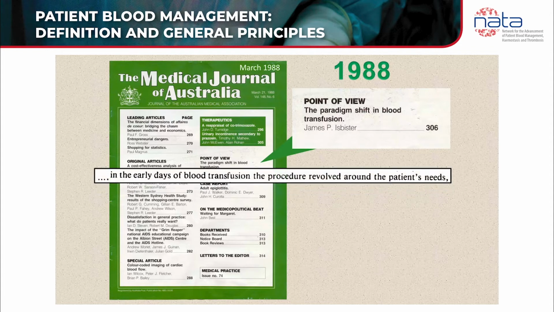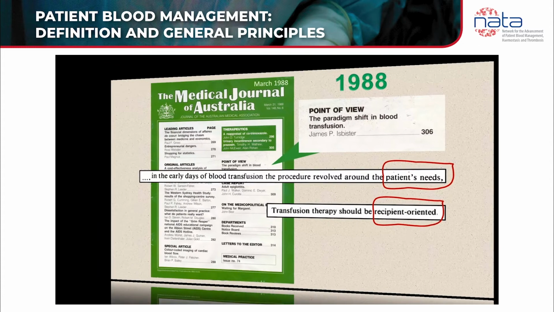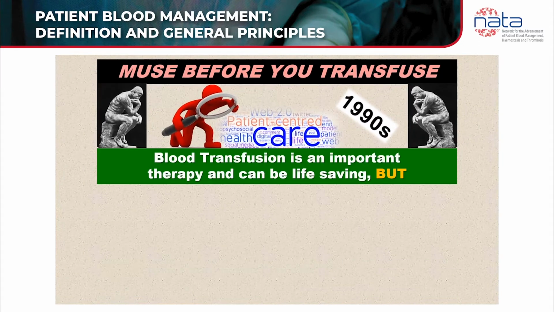In that article, I emphasised that in the early days of transfusion, the procedure revolved around the patient's needs, and always should, and that transfusion therapy should be recipient-oriented and focusing on the patient's problem. So by the end of the 20th century, we're really questioning the risks and benefits of transfusion.